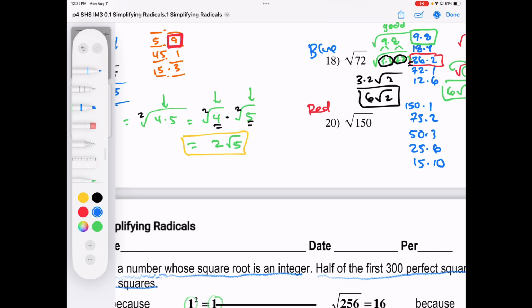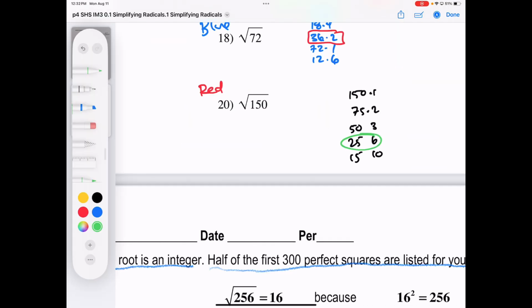It'll be a future math lesson. Let's try. 25 times 6 turns into 5s. So there's a pair that goes where? Outside. 5 radical 6. Now I'm just going to check. Can I break up the 6? Yes, I can break it into a 2 and a 3, but are there a pair of 2s? Are there 2 3s? No. So 5 radical 6 is my answer.